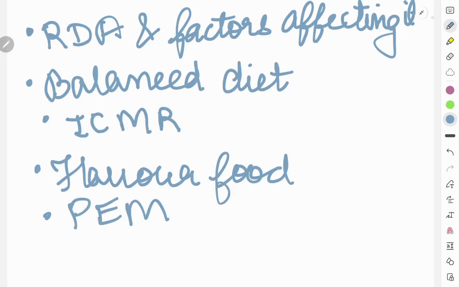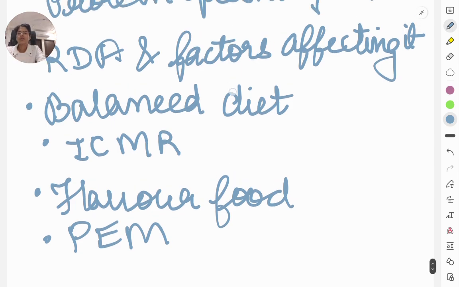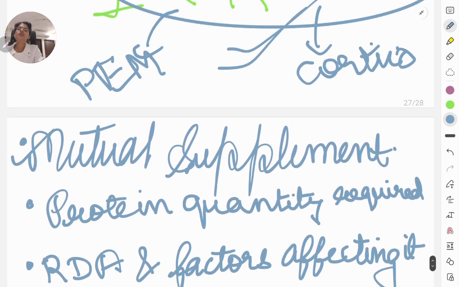Mutual supplement means that we know the essential amino acids are not wholesomely present in the diet, so we need to make it mutually supplement with something else so that it compensates the amino acid which is not present in that diet.